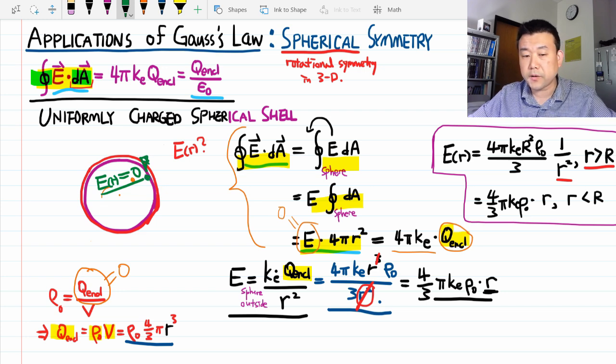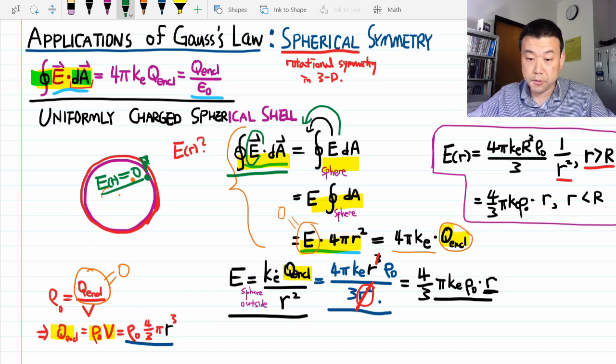We went through carefully how you could have 0 flux and yet have non-zero electric field, because flux is an integral, and you can have a non-zero integrand that integrates to 0. What I'm telling you now is that when you have a high enough degree of symmetry, like this spherical symmetry, when your flux is 0, the electric field is 0 also, because there's this step where we are able to take the electric field out.